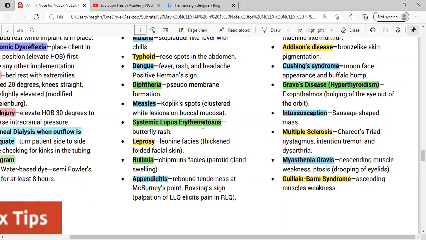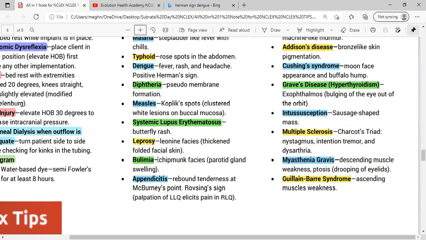Systemic lupus erythematosus is an autoimmune disease. The characteristic feature is a butterfly rash over the cheeks. Leprosy: Mycobacterium leprae is the organism, and we can see leonine facies, thickening of the folded facial skin.